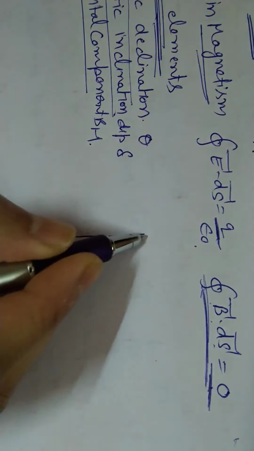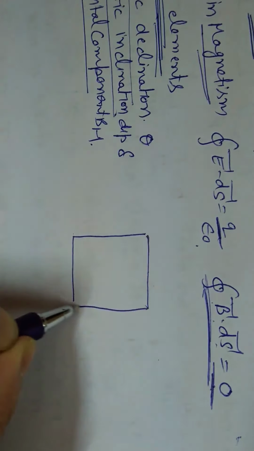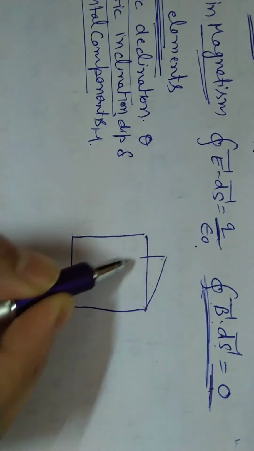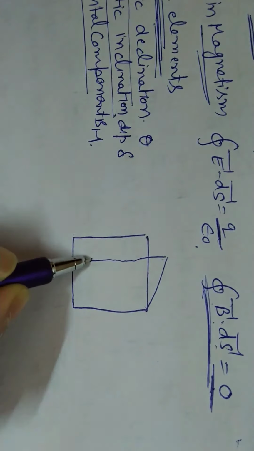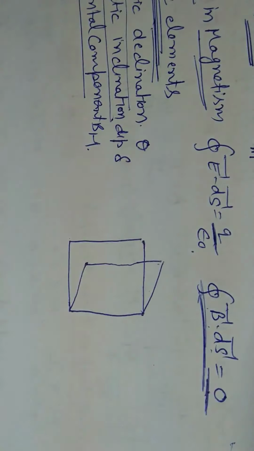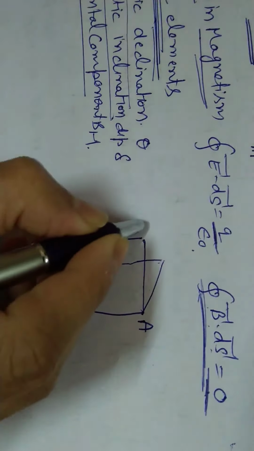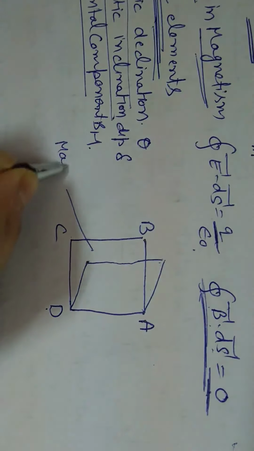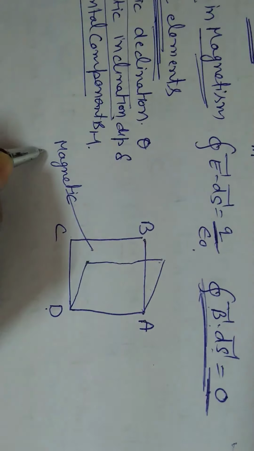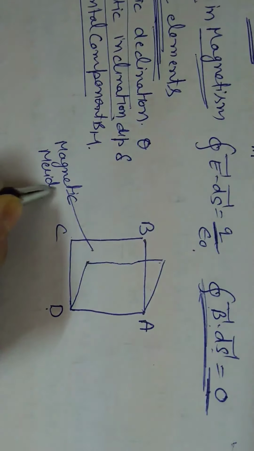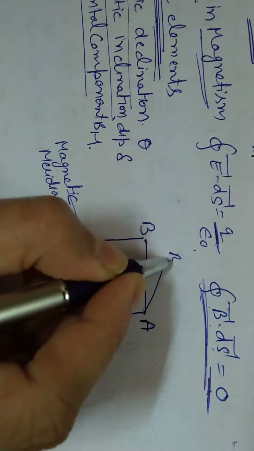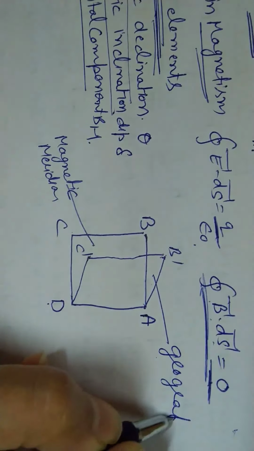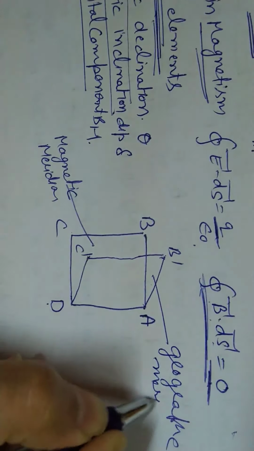We have the meridians. Meridians are the vertical planes passing through the axis. If the axes are not coinciding, then the meridians are also not coinciding. We have these points A, B, C, D, where this is the magnetic meridian, and this is the geographic meridian.